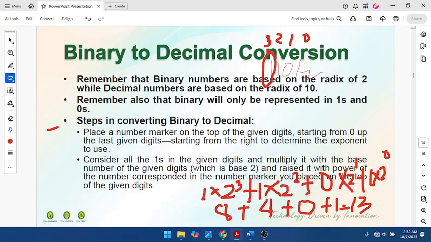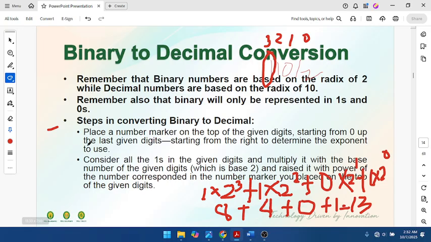For example, in 11001, we have 1 in the eights, the fours, and the ones place, and that gives you 13. So it gives us the same result. Okay, so that's how binary to decimal conversion works.